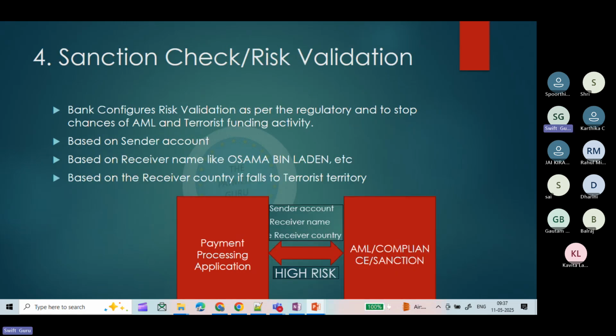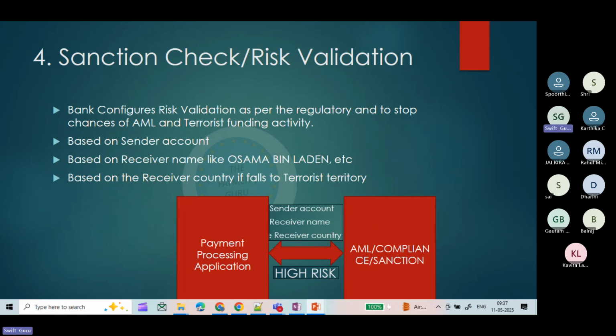Next, another important validation: once you have initiated a transaction, if you are making a cross-border payment, then it has to do due diligence, basically risk assessment or AML validations and sanction screening validations. These are all things they have to do.